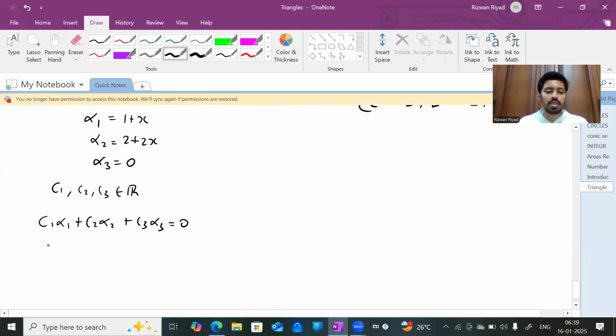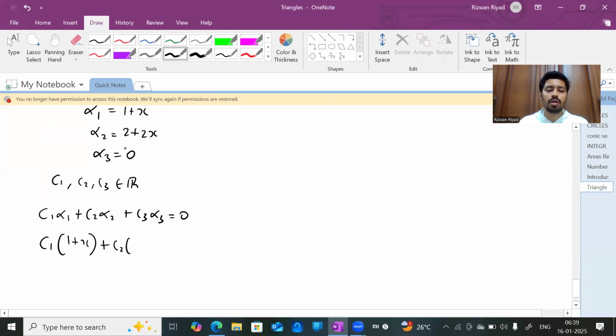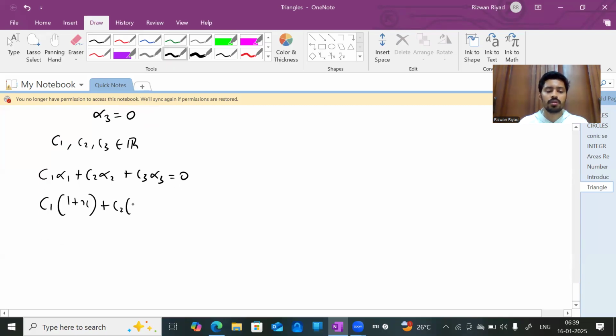That means C1, what is alpha 1 here? Alpha 1 is 1 plus x, plus C2 alpha 2. What is alpha 2 here? 2 plus 2x, plus C3 into what is alpha 3? That is 0. C3 into 0 equal to 0.